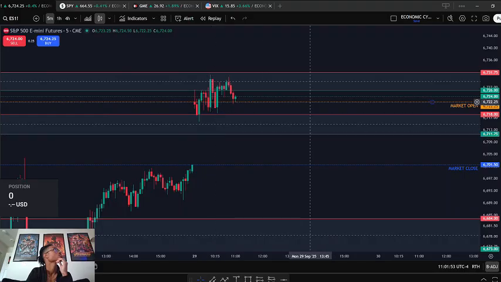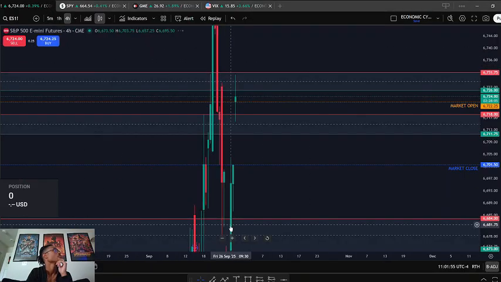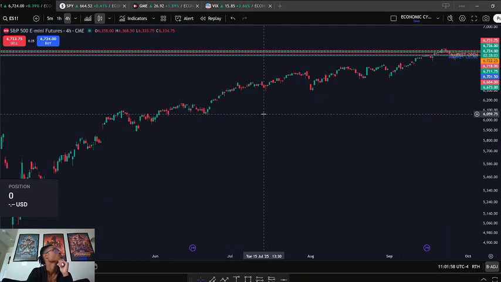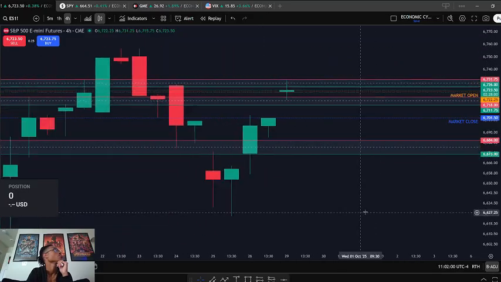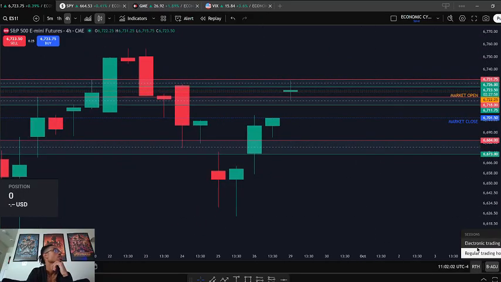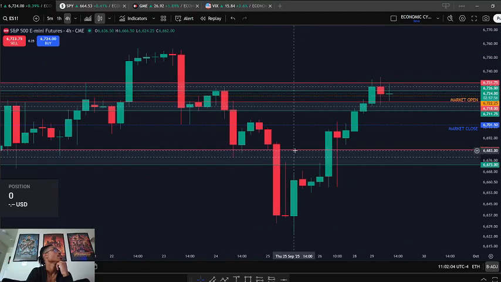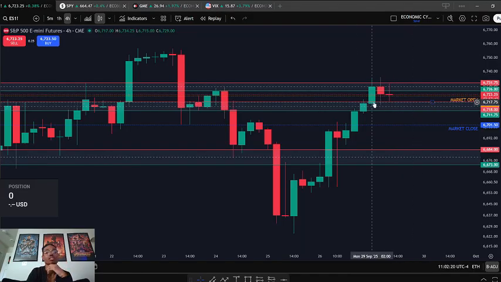So I actually just took some time to do a little bit of homework from our previous levels. I think the 4-hour time frame is best for how we do this. Our initial bias is believing that this is going to push up, but I can see there's a lot of resistance coming from here, and it's just a little fishy at this point. Right now I'm questioning the pivot level, but I don't think the pivot level is the issue here.